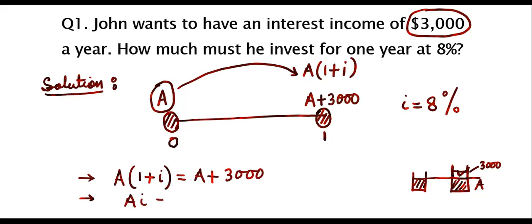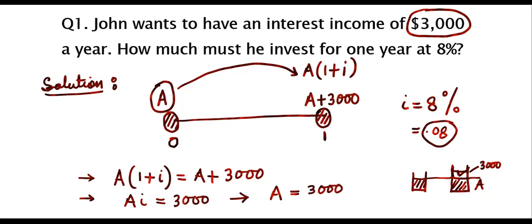Here AI is equal to 3000 and I is given as 8%, that is 0.08. You can put I here and A will be equal to 3000 divided by 0.08. If you divide by 0.08, 8 by 100, it will be 100 divided by 8.